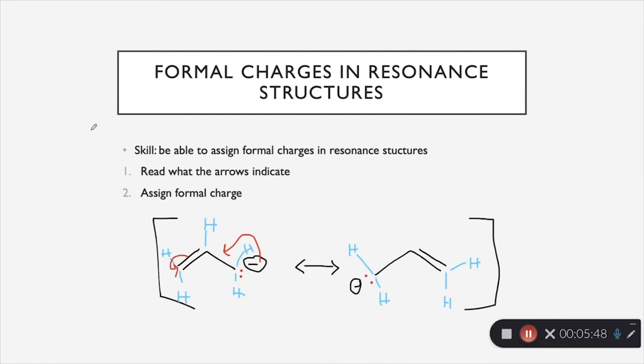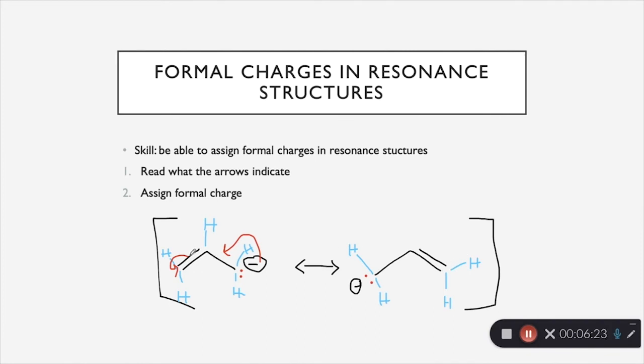So, formal charges in resonance structures. When we're moving electrons, a lot of times the formal charge is going to change, because those lone pairs and double bonds are what gives them the formal charges. So in this example, if we move this lone pair to form a double bond right here, and then we move these pi electrons and push them over to the next carbon atom, this carbon that originally had the formal charge now has 4 valence electrons, and so it no longer has a charge.